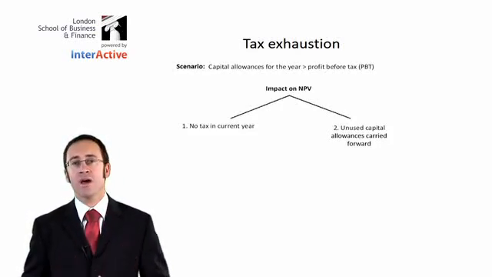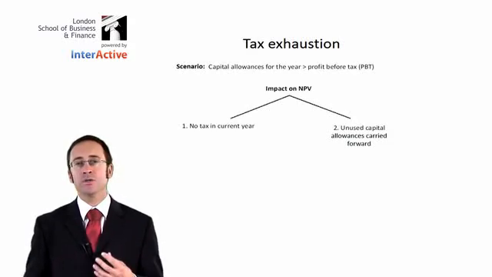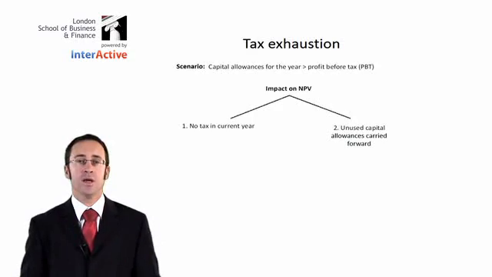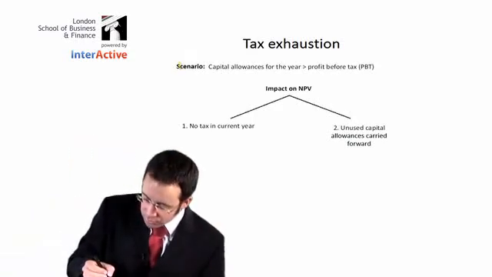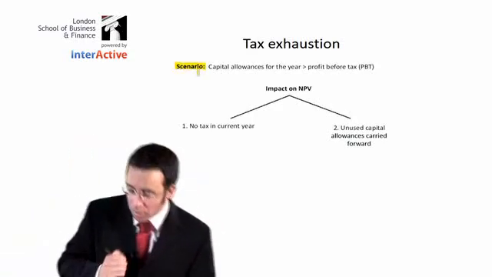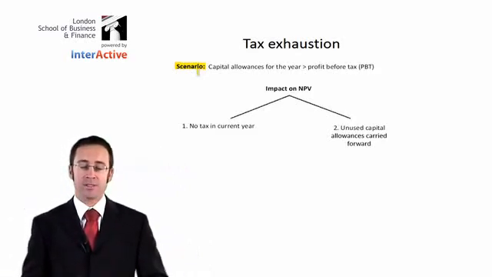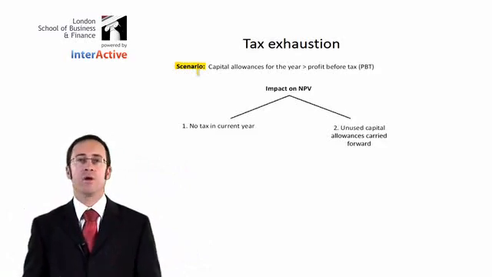So whenever you are within an exam question, you just need to have a quick check whilst you're working through the question, and ask yourselves what's happening within this scenario. In that given year, are the capital allowances greater than the profit before tax figure?